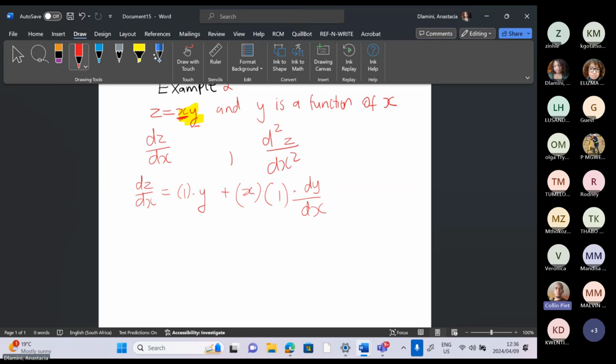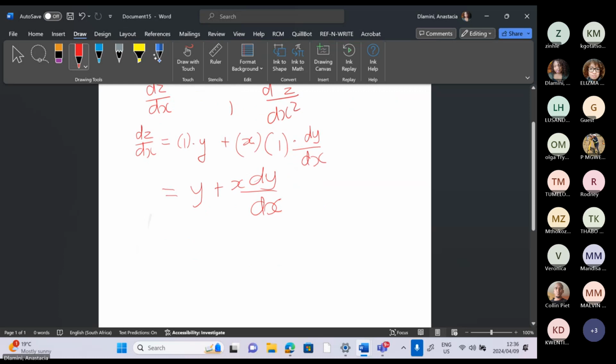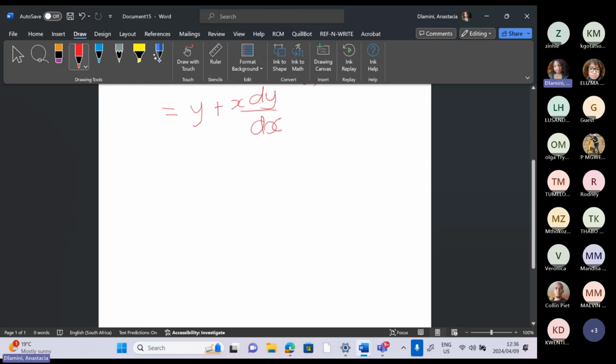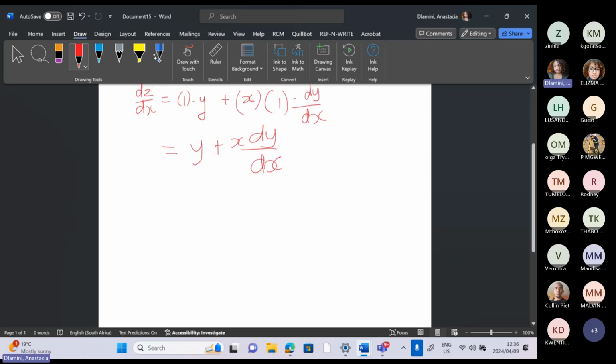So this is y plus x dy over dx. Now, this is the first derivative. Now they want us to find the second derivative, so it's d squared z over dx squared.